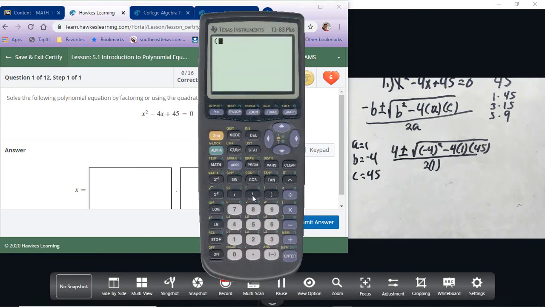So open parentheses, negative 4, close parentheses, squared. So that's that first part. And then minus 4 times 1 times 45. Okay, I missed the parenthesis.